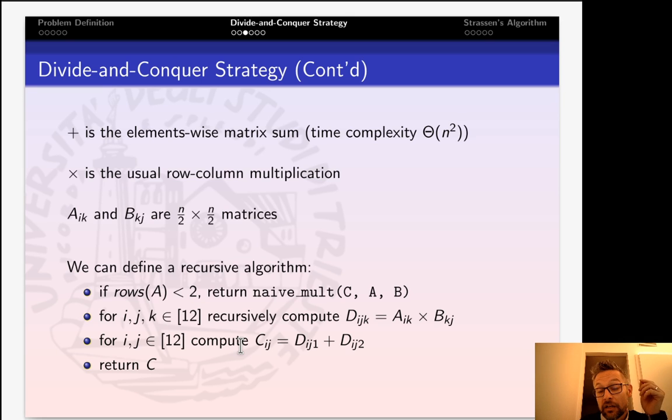Otherwise, we can recursively compute the multiplication between the blocks, and then from the multiplication of the blocks, we can compute the sum between the blocks we mentioned before.